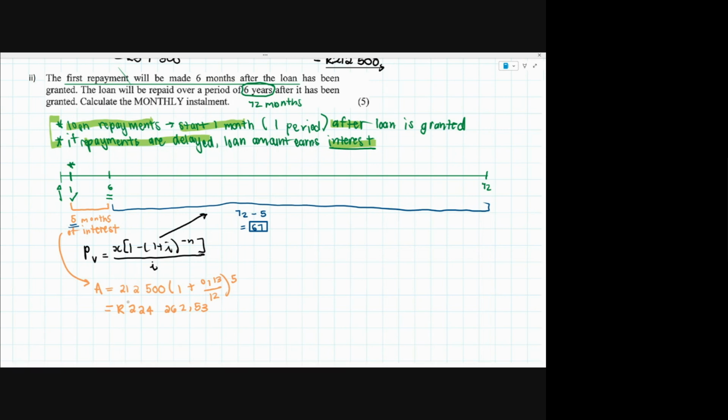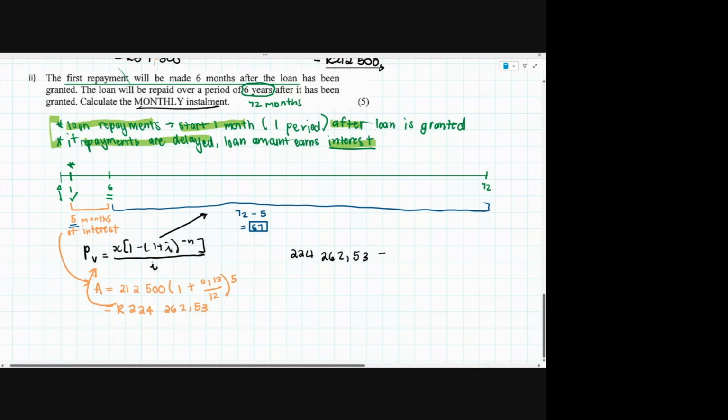This is now what we are going to use to calculate our monthly installments. We know how much we need to pay off. We need to add all of that interest on. That's why our present value formula has that interest in the bracket. And we can now go work out what X is, because remember, we want the monthly installment. All right, so P is your loan amount, the 224,262.53.